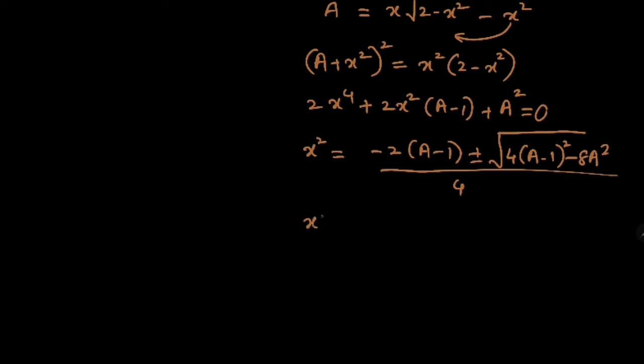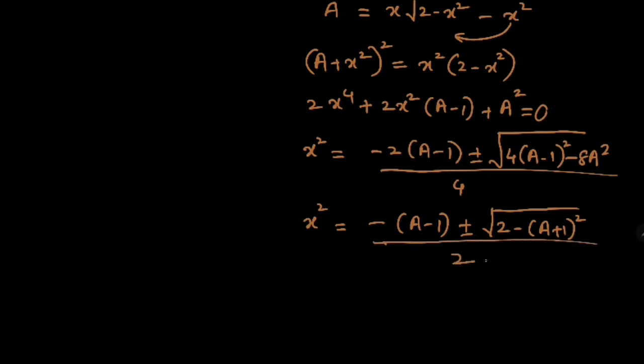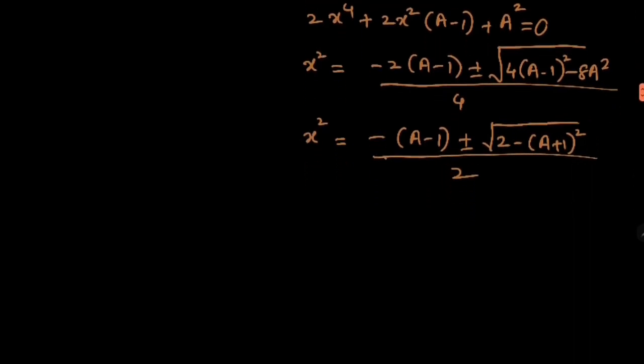So on simplification, you are going to get x square equals minus (A minus 1) plus or minus square root of (2 minus (A plus 1) whole square) by 2. Okay, so this is what we got.